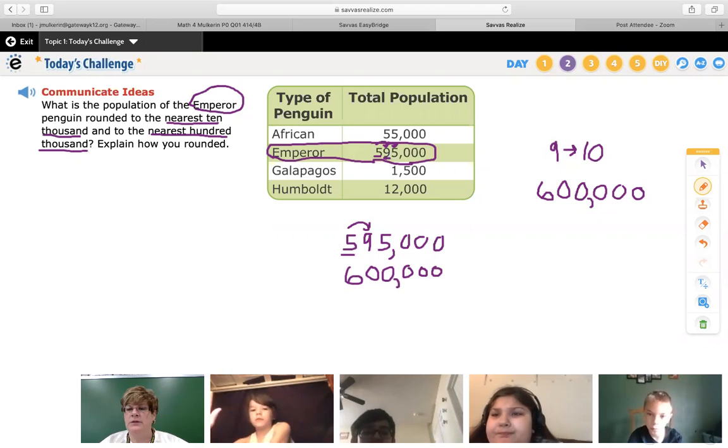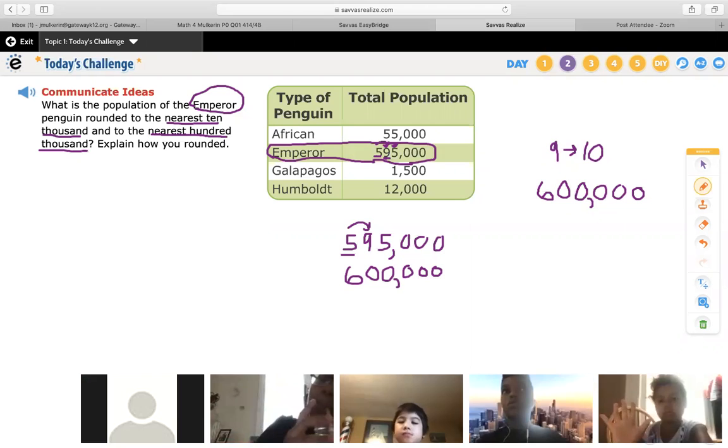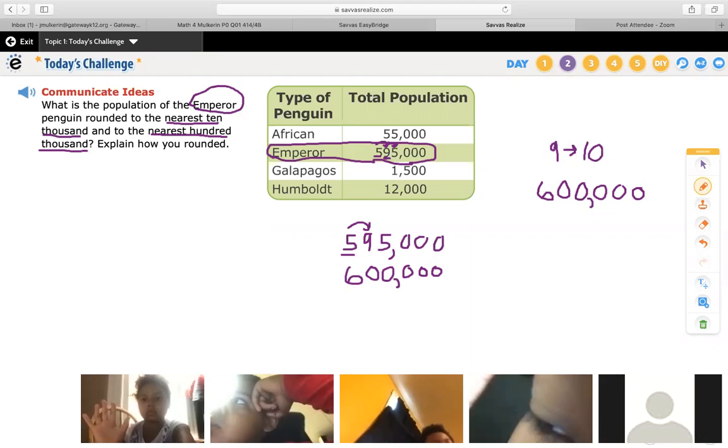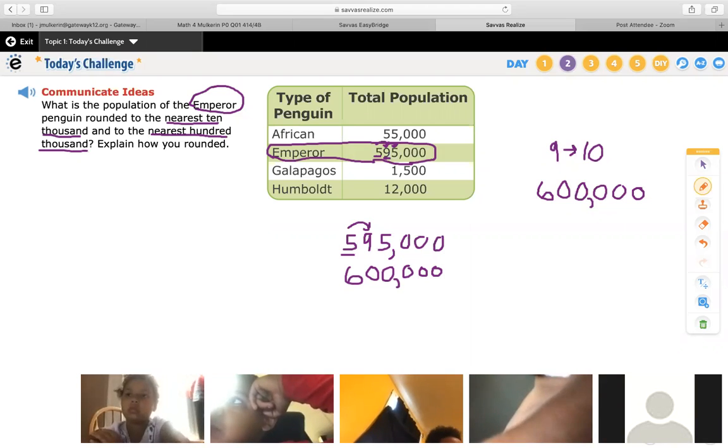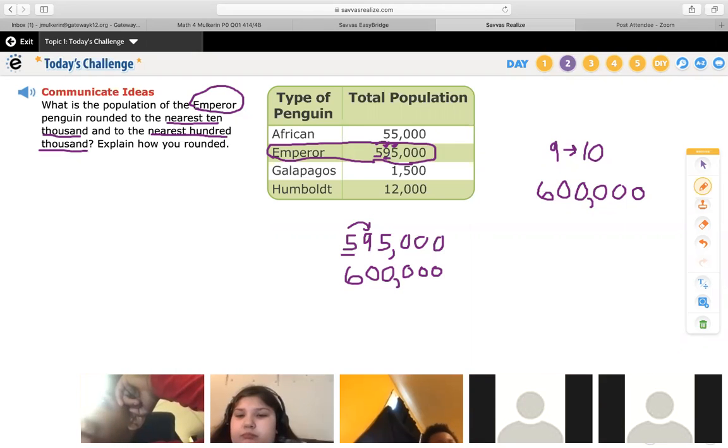What do you notice about my 2 answers so far? Angel? They both have 3 zeros after the comma. They do have 3 zeros after the comma. Good. What else do you notice, Lauren?